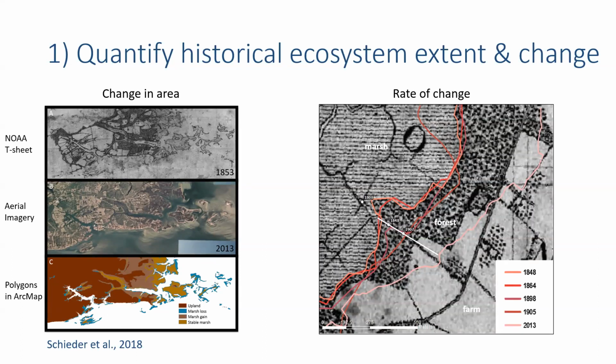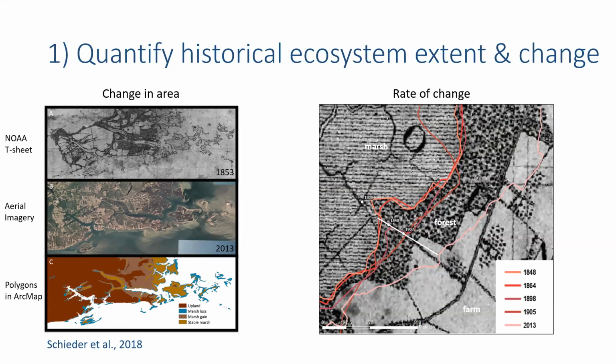The authors also examined the rate of change of this upland to marsh conversion. In this process, you use a series of maps in the same location and you georeference them, which means that you find common points in all of the maps, such as the intersection of two roads, so that this way you overlay them exactly on top of each other.